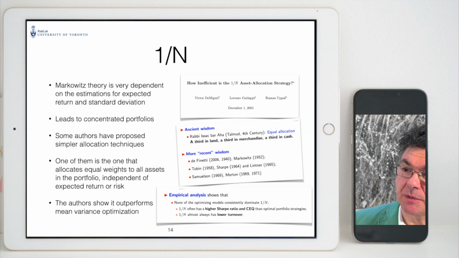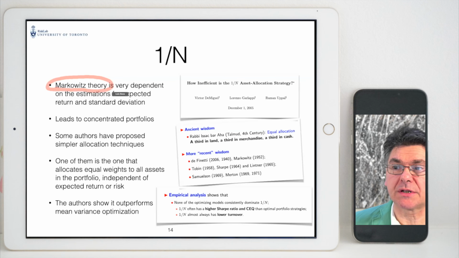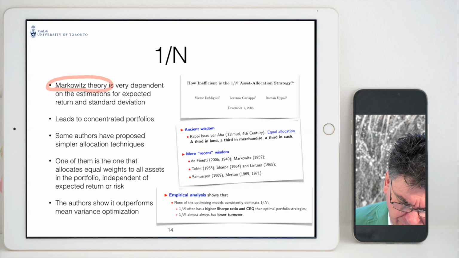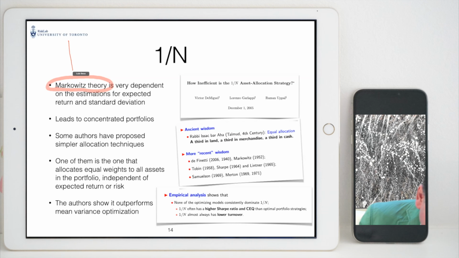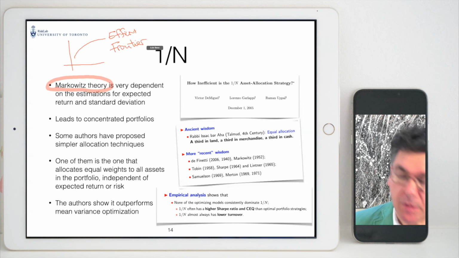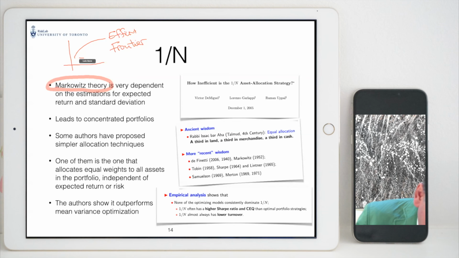And this was developed in an interesting context. We saw the Markowitz theory a few weeks ago. What was the Markowitz theory? I remind you, there was an efficient frontier, and we had investments like that.